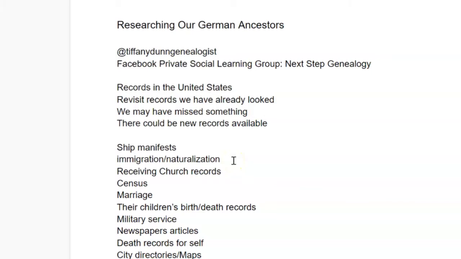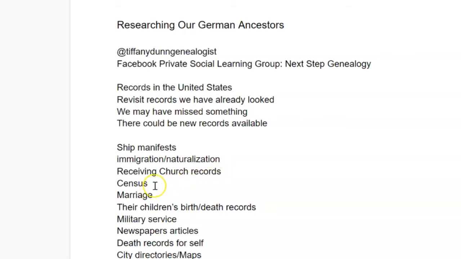You might want a reminder that those types of records don't have to be closely dated to when your ancestor actually immigrated. So keep a wide year span for when you're looking for naturalization records. If your ancestor went to church, the new church in the United States or the receiving church will typically have records from when your ancestor started being in that congregation.